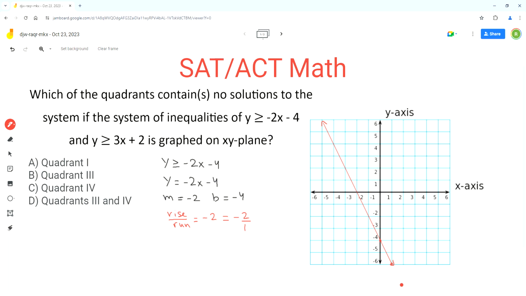Now we have to check on which side of this line the inequality is true, and for that we can use a test value. We can test for the origin 0, 0. So we'll sub in x as 0 and y as 0 in the inequality and check if the inequality is satisfied.